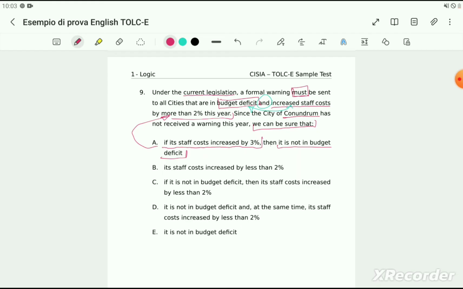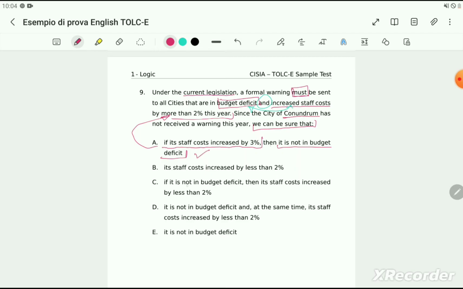They can allocate the money for the staff cost, which has increased. And as this city is actually not in budget deficits, they didn't receive any warning mail. So this could be right.